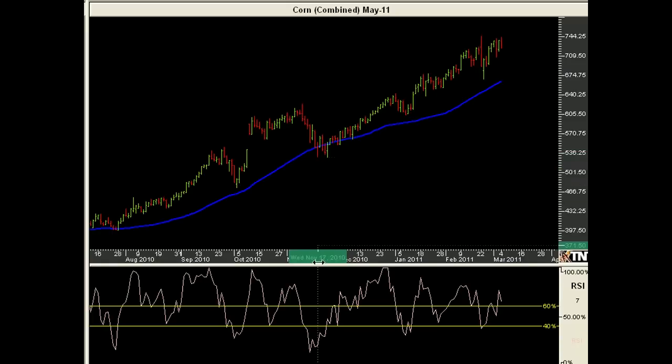Now, the way RSI is traditionally traded is when the market is overbought and it crosses below the 60% line, that's a sell signal. And when it's oversold and crosses above the 40% line, well, that's a buy signal. But what we're going to do is we're only going to use the indicator in conjunction with the trend.